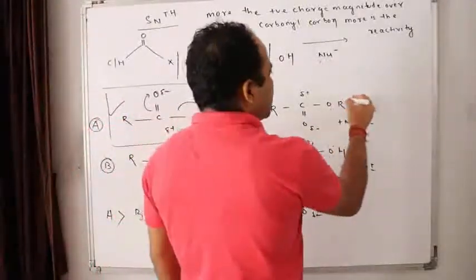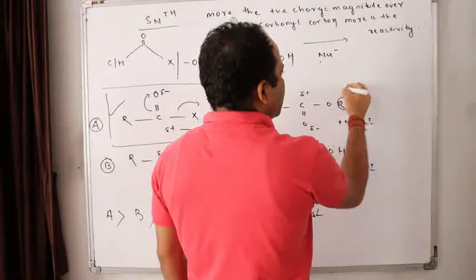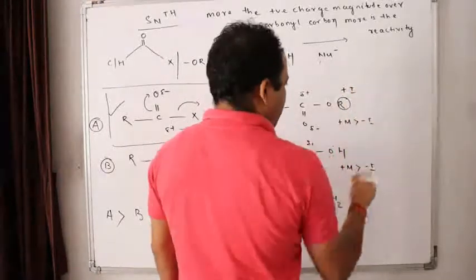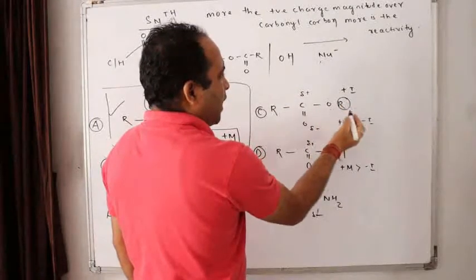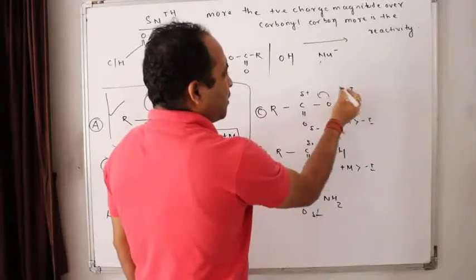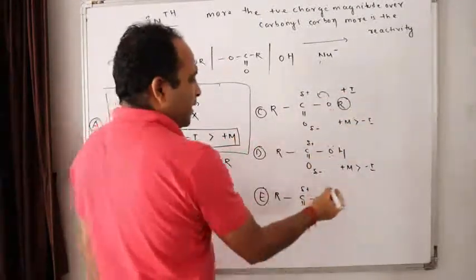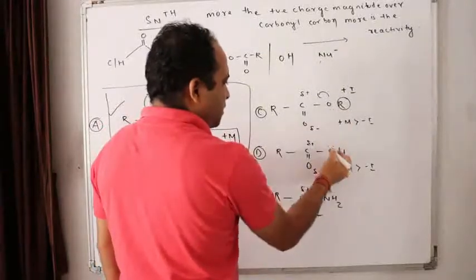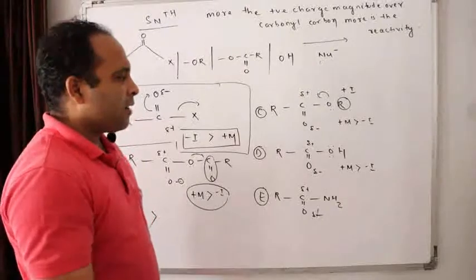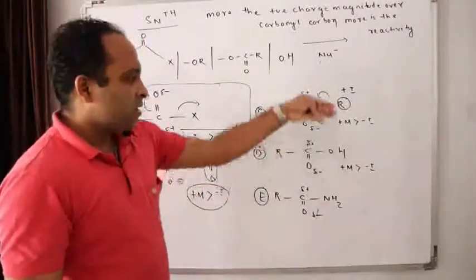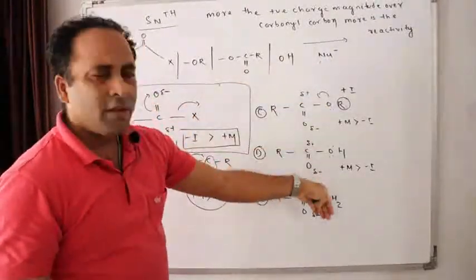Now let us take a turn for discussion of this OR and NH2. In OR, R is a plus I group. So here electrons are donated. R is also donating. But in this case, nitrogen, oxygen, nitrogen, who is having more donating power? Oxygen and nitrogen. So accordingly, we know these values.